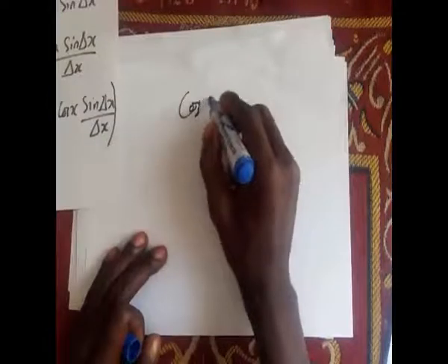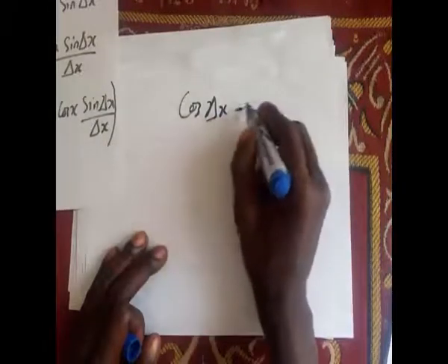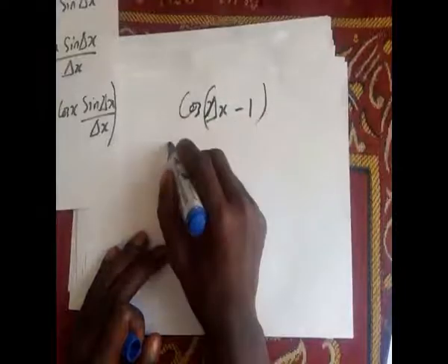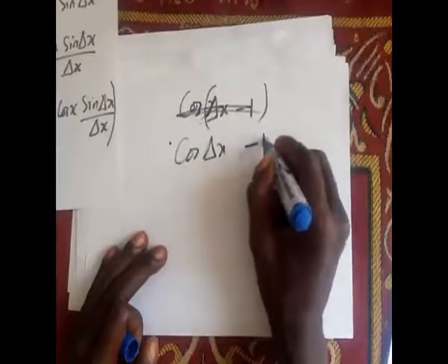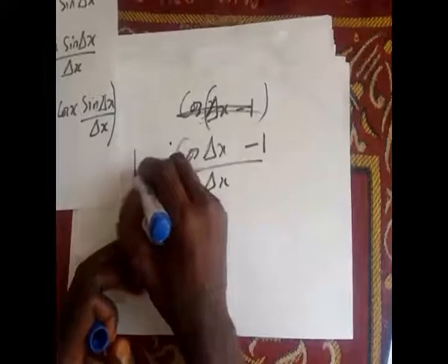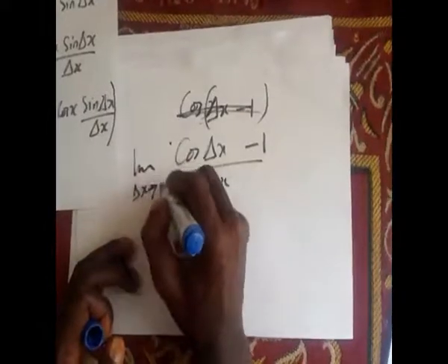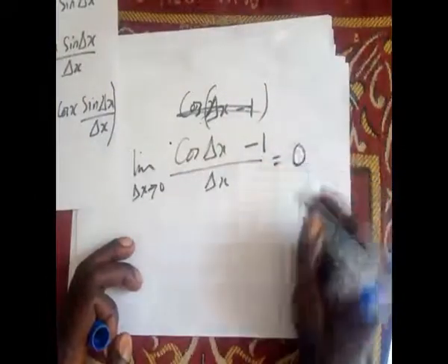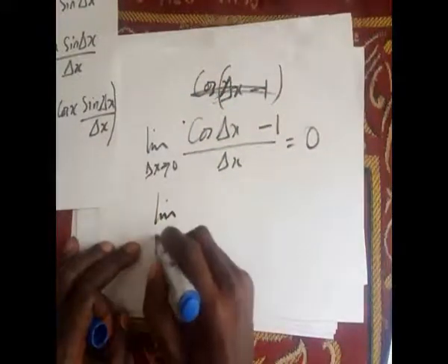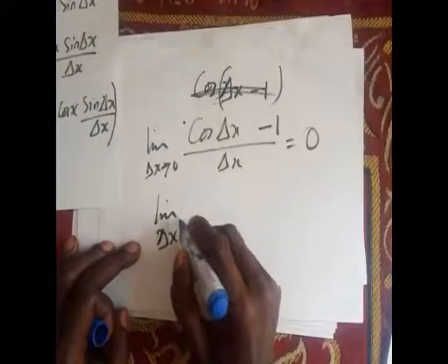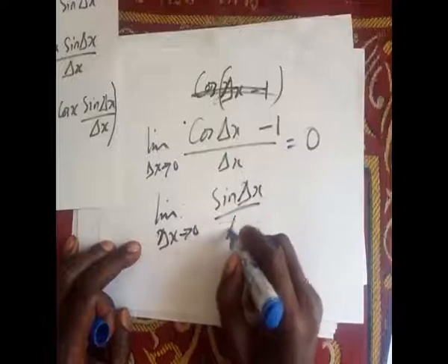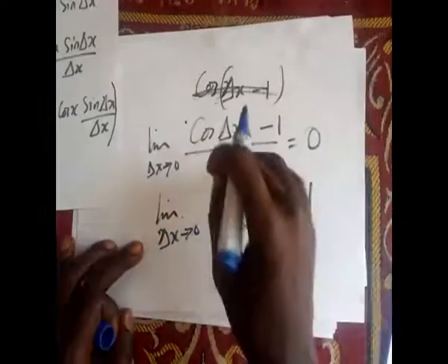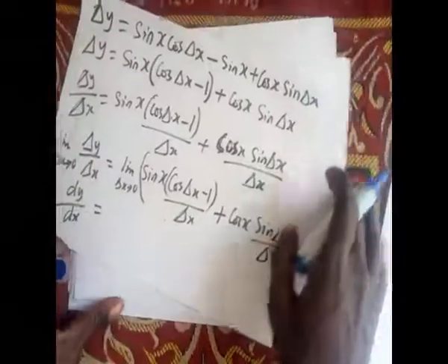Let's just show it clearly here. If we have cos delta x minus 1 all over delta x, this limit as delta x approaches 0 is a special limit and equals 0, and the other limit, the limit as delta x approaches 0 of sine delta x all over delta x, equals 1. Both of these are special limits, and we are going to prove them in a different video.